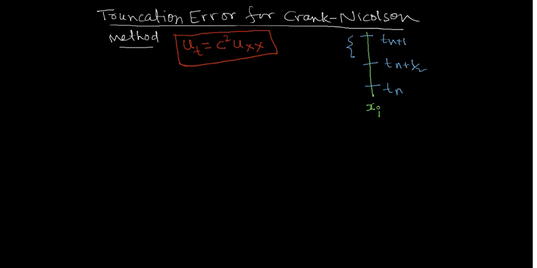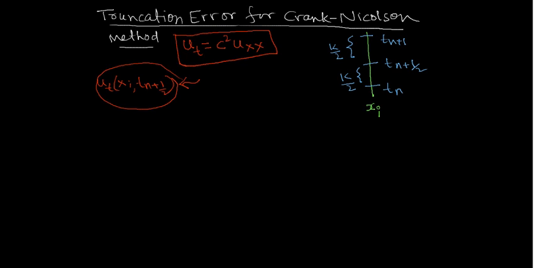Of course this distance is k by 2 and this distance is k by 2. So the spacing between any two time levels is k. We will approximate u_t at x_i and T_n plus half for the Crank-Nicolson method.